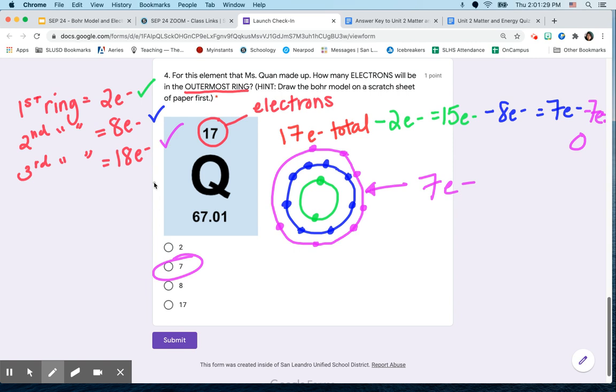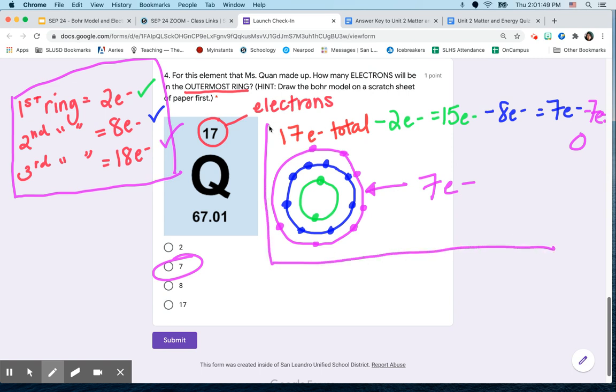Okay, so for this series of notes, I would definitely add this part, that each ring can only fit a certain number of electrons. And to remind yourself, I would highly recommend color coding this so that you can know what you did in order to get the answer, or the number 7.